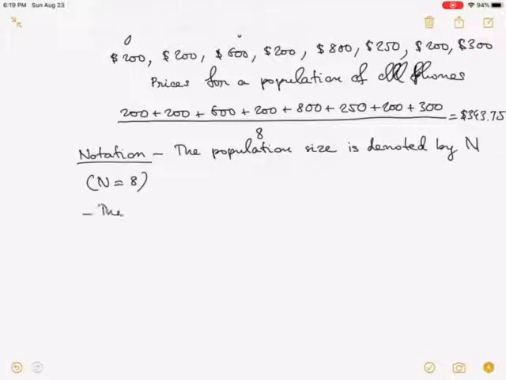The sample size, which refers to how many observations you have in your sample data set, is always denoted by lowercase n.